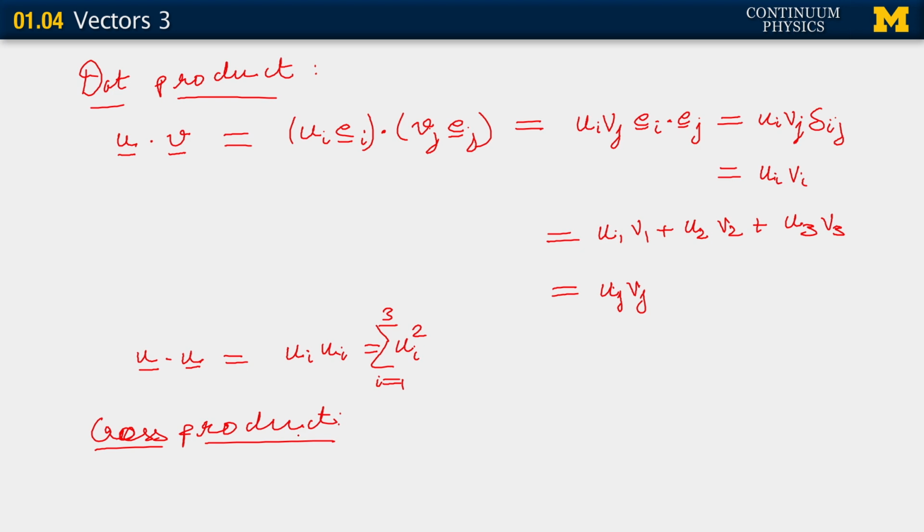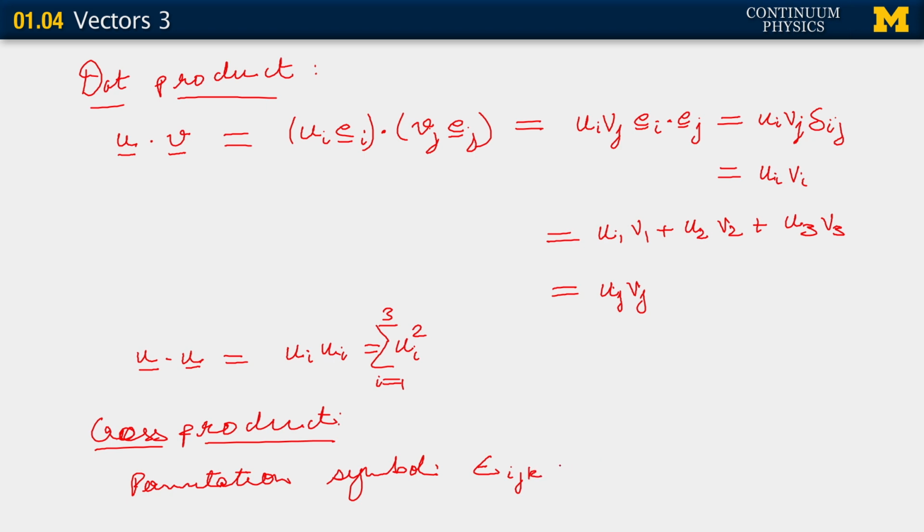For the purpose of the cross product, we need to first introduce something that we will call the permutation symbol. We will denote it as epsilon ijk.